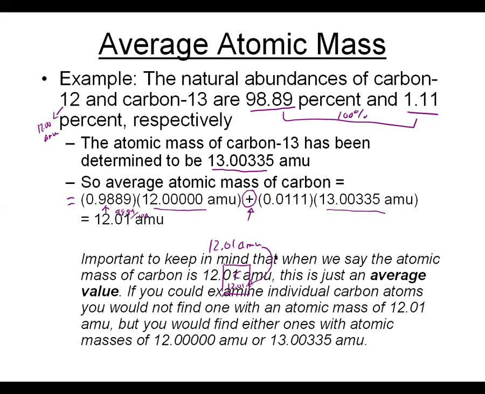And it is important to remember, like it kind of says up there, if you were able to sort of grab some carbon atoms, you would never really find one that has a mass of 12.01. You would either find a carbon 12 atom, which has a mass of 12, or you would find a carbon 13 atom that has a mass of about 13. You'll never really find one that's 12.01. It's just really the average atomic mass for that particular element.